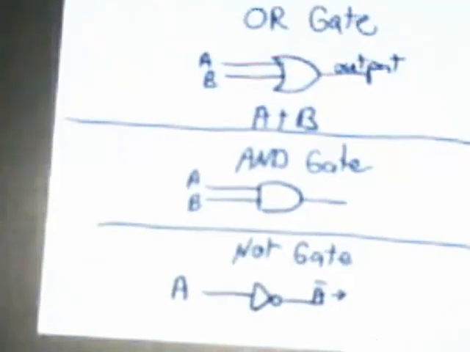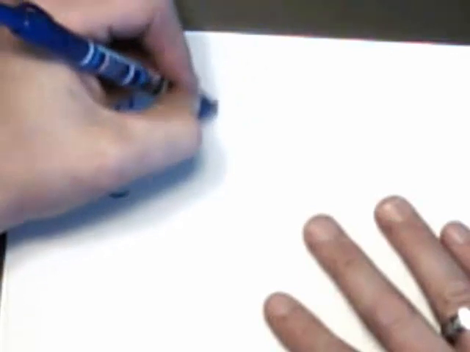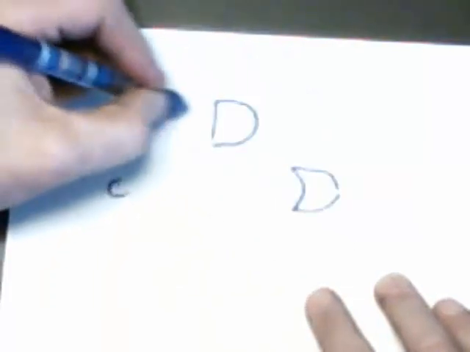So let's apply it to something that we can actually see visually. What I'm going to do is draw a couple pictures. Picture number 1. Here are my three letters, A, B, and C. Give me a second to just draw something here, and then we're going to try to decipher what I just drew.